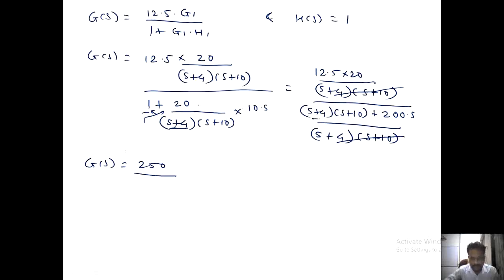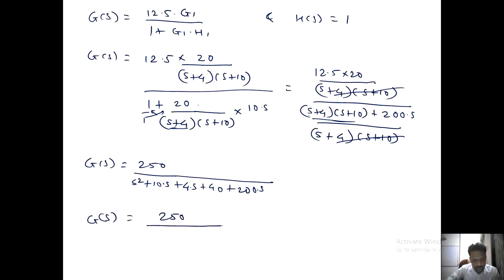I am multiplying these two brackets with each other, so s square, then s into 10, plus 10s plus 4s plus 40, 4 into 10, plus 200s. So again arranging it, g of s equal to 250 by s square plus 10s plus 4s plus 200s.